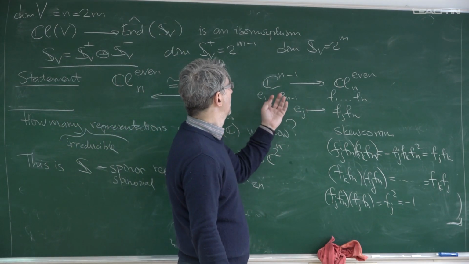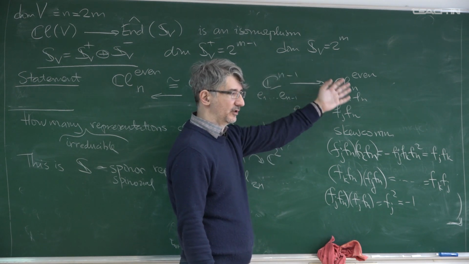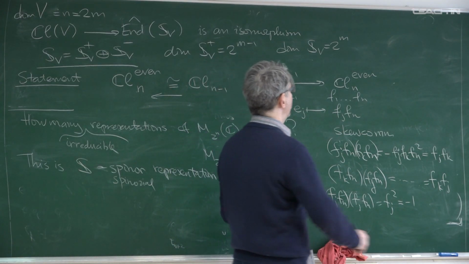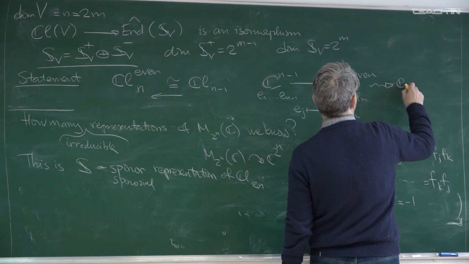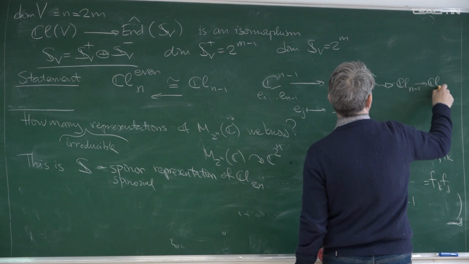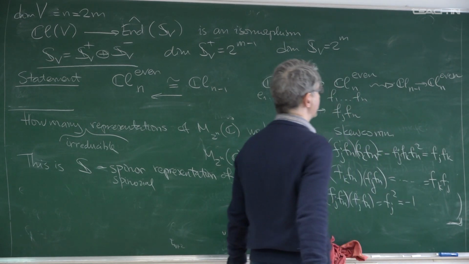We send this space to the algebra, and all relations are okay. So this map induces a map of the Clifford algebra with number n minus 1 to the even part of the Clifford algebra n.